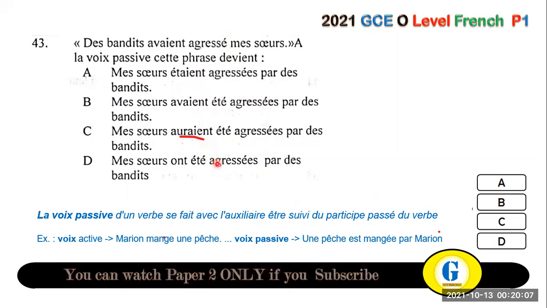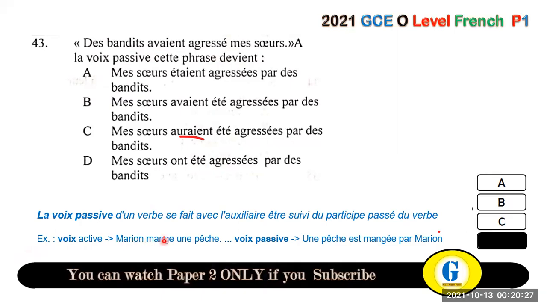And since this phrase is in the imparfait, for the passive voice we use le passé composé, ont été. Ont été agressés par des bandits.